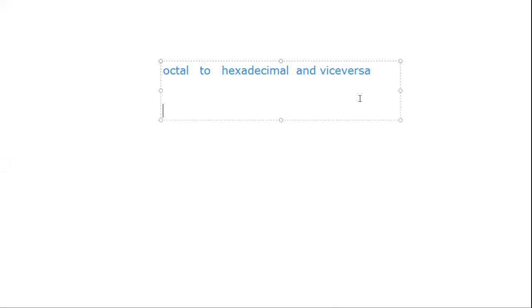Suppose the given number is an octal number, that is 34.71. The base for this is 8.